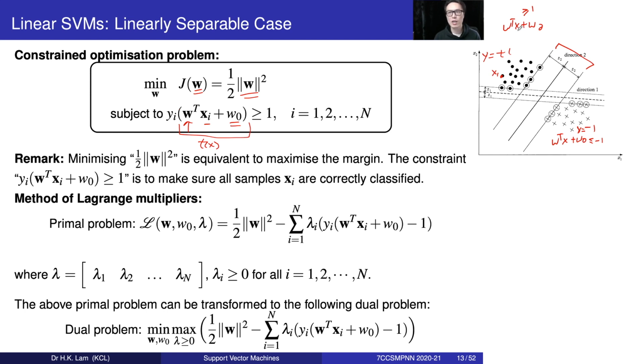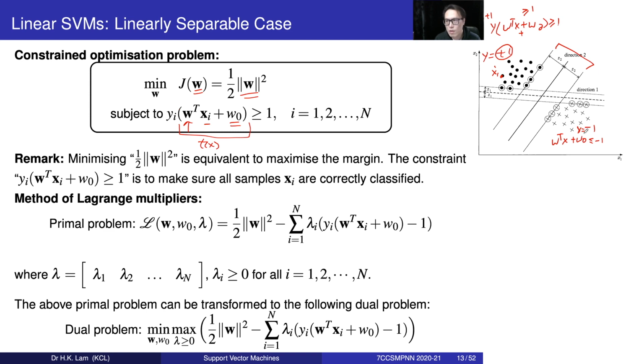So without i right here, it means that it could be any sample. Okay, and now we multiply y for the +1 case. Because this is plus, this is plus, so this term will be always greater than or equal to 1.